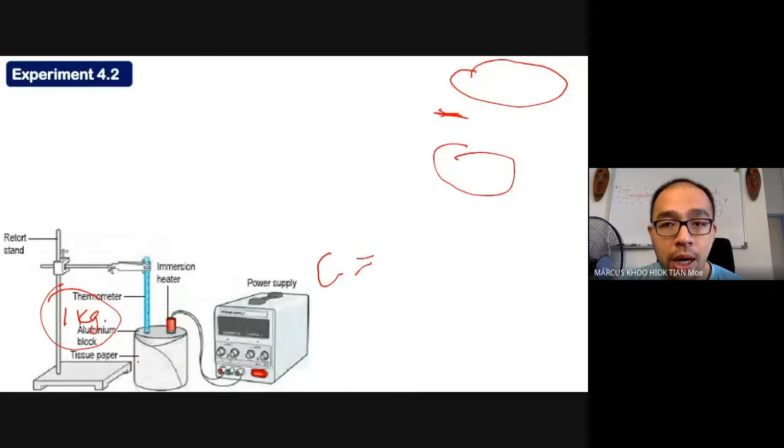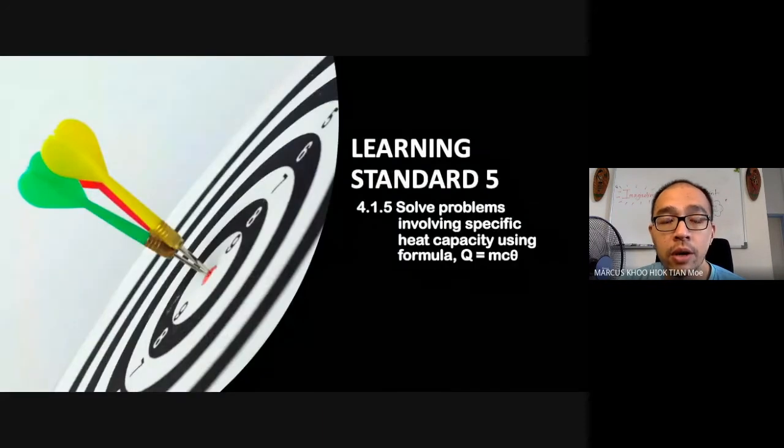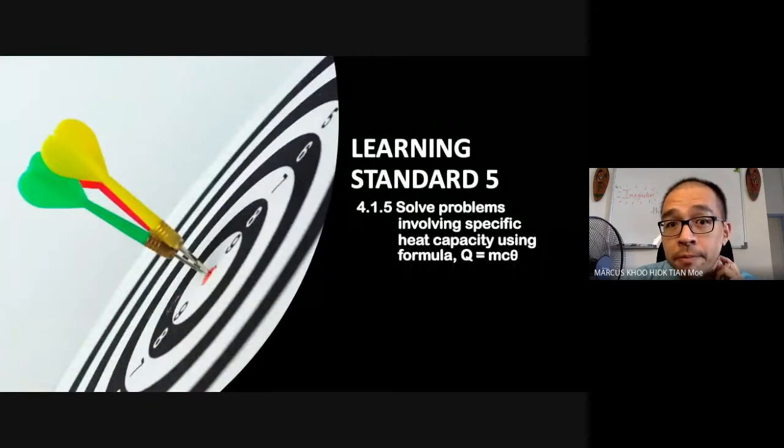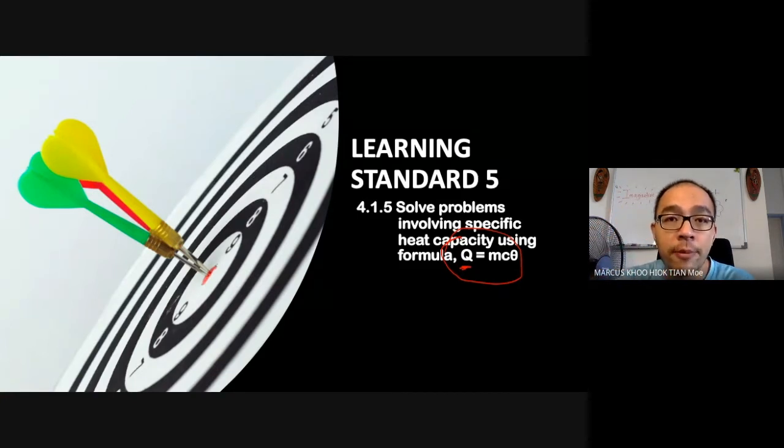But today our focus, first of all, is this: if you turn to your module, we're going to do a little bit of problem solving, problem solving that uses this formula, Q equals mc theta. Remember, Q is the amount of heat energy required to raise the temperature of how many kilograms with different specific heat capacities.